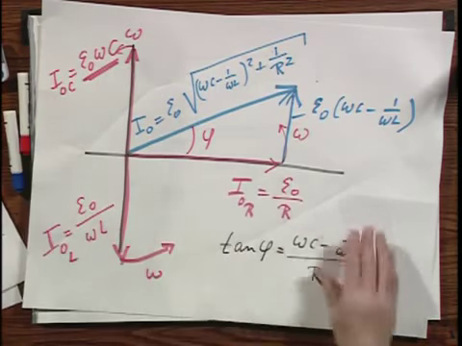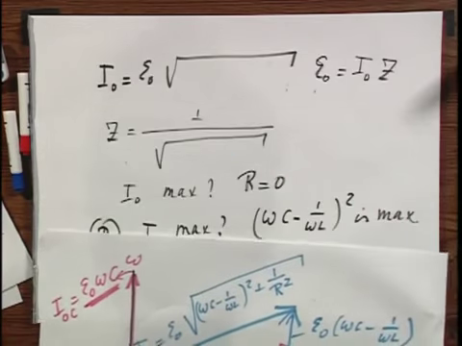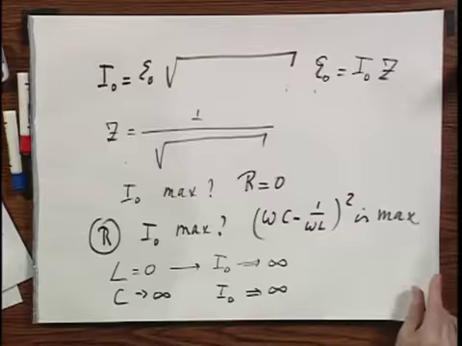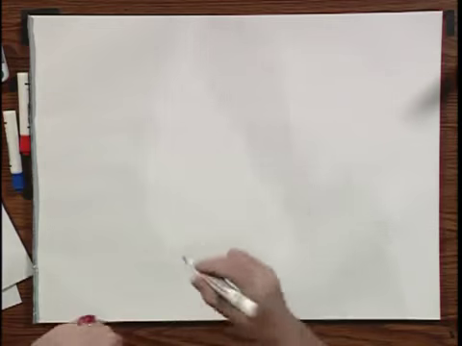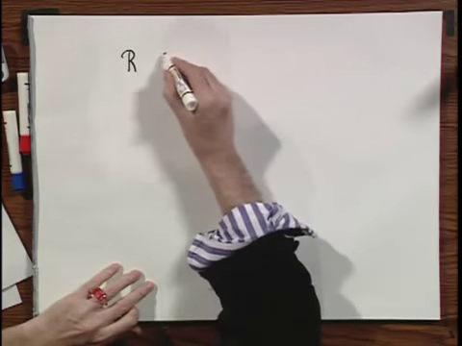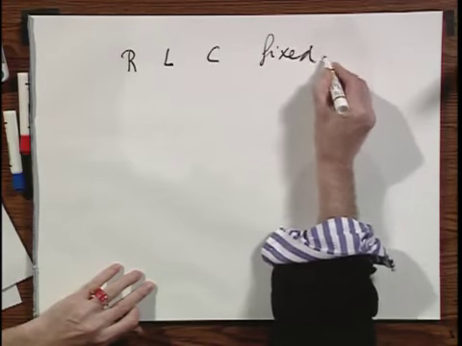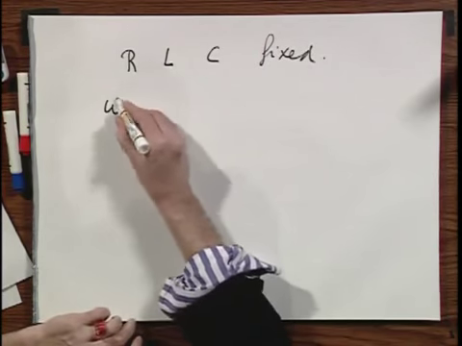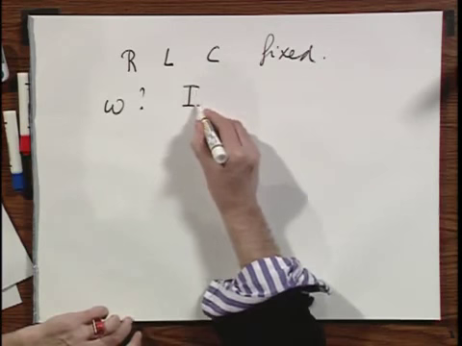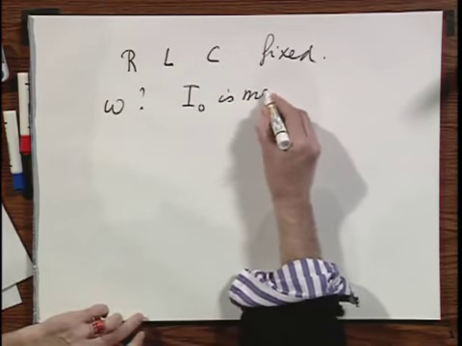So all these wonderful differential equations lead us only to totally trivial answers that we could have predicted without any differential equations. But now suppose that R, L, and C are all three fixed. And now I want to ask you the question, is there a value for omega for which I0 is a maximum?